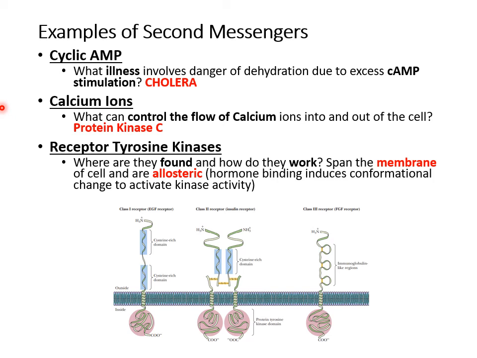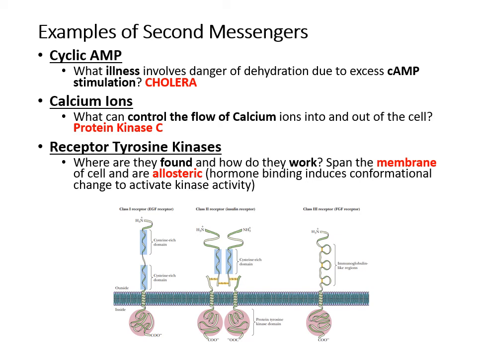And so what happens is when the hormone binds to the region outside of the cell, you end up having the inducing of a conformational change in that tyrosine kinase domain. And that then activates the kinase activity.